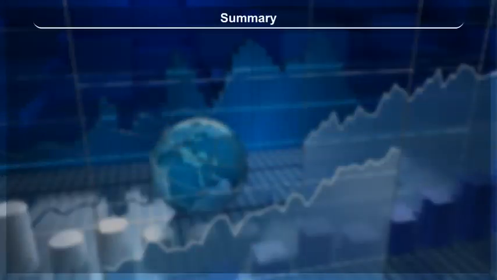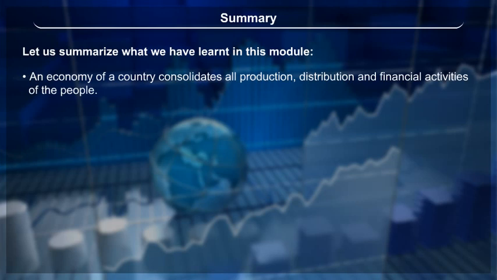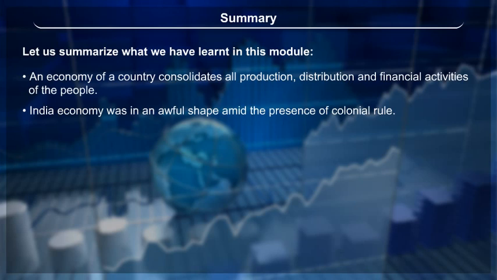Summary. Let us summarize what we have learned in this module. An economy of a country consolidates all production, distribution and financial activities of the people. The Indian economy was in awful shape amid the presence of colonial rule.